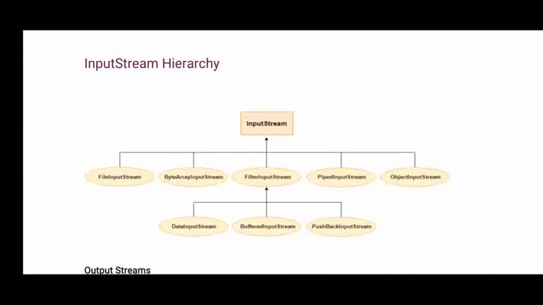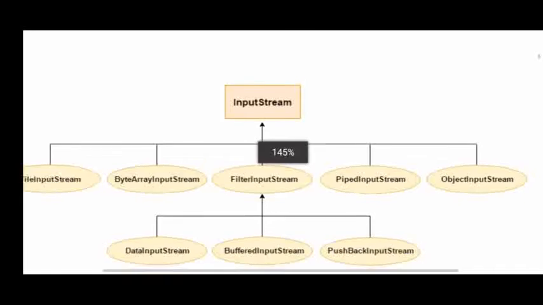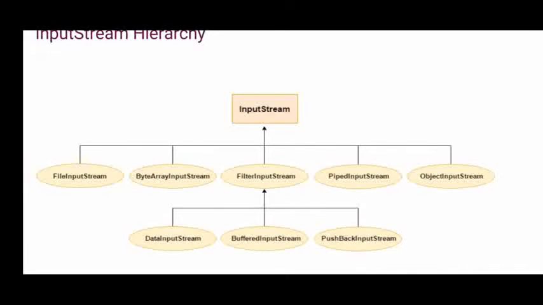Now here, the Java API provides different classes for input. See here, FileInputStream means you can give some data to files and you can read data from files. And ArrayInputStream, FileInputStream, FilterInputStream, pipeline, these are the different types of streams we'll use at the time of reading input from a user at runtime.